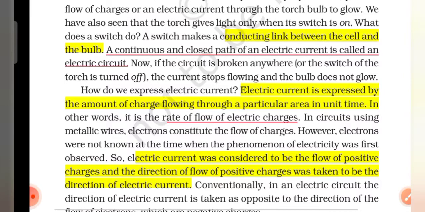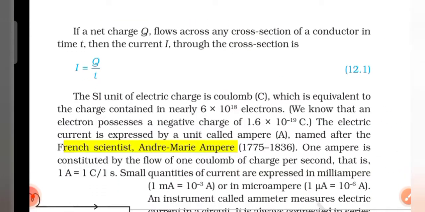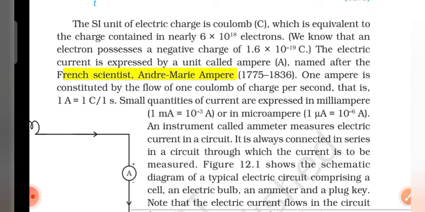Then 1 milliampere is 10 to the power minus 3 ampere, and 1 microampere is 10 to the power minus 6 ampere. The word ampere came from the French scientist André-Marie Ampère.